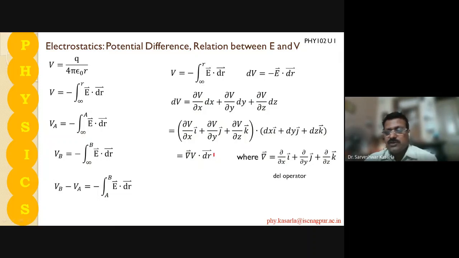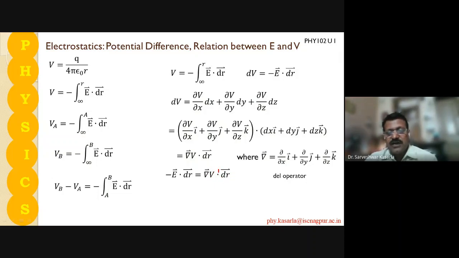Okay, so this is called the del operator, and therefore now we have this expression for this formula, and dV is equal to what? Minus E dot dr. So minus E dot dr is equal to del operator operating on V, where V is the potential, dot dr. What is observed?